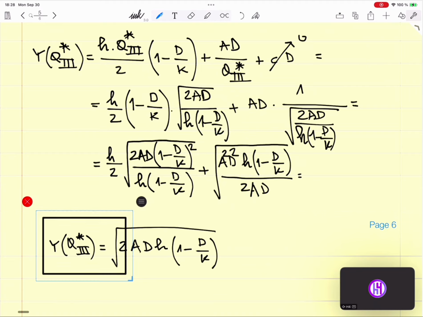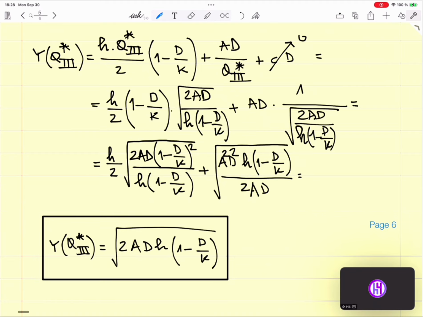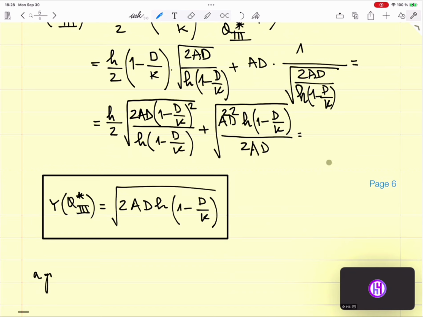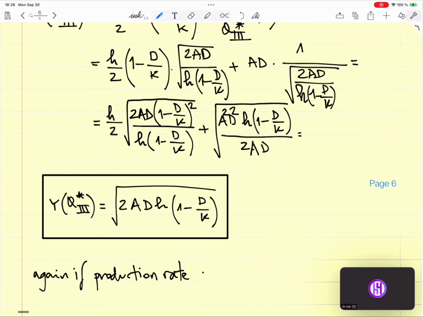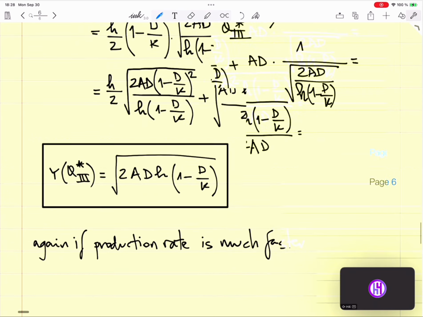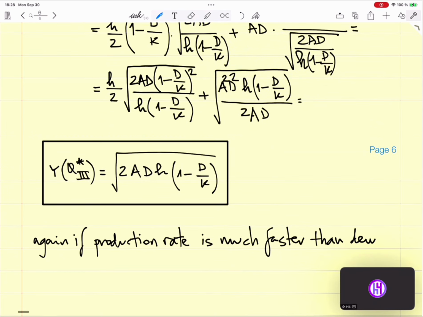So again, same reasoning. If production rate is much faster than demand, then K is much bigger than D, then D divided by K, or 1 minus D divided by K, is almost 1.